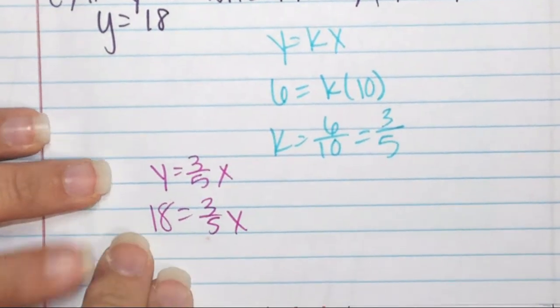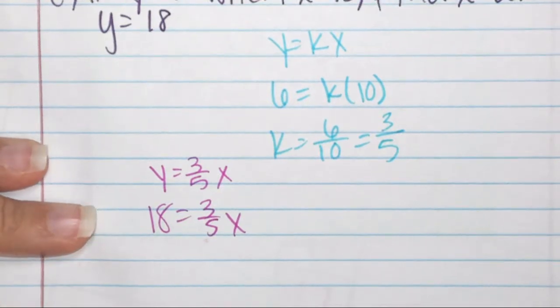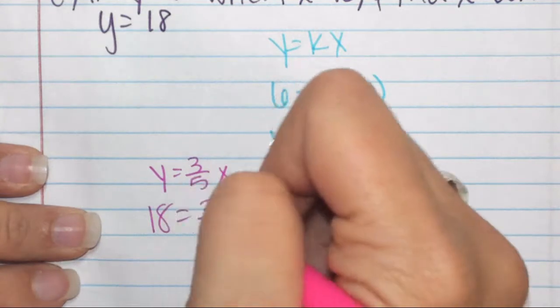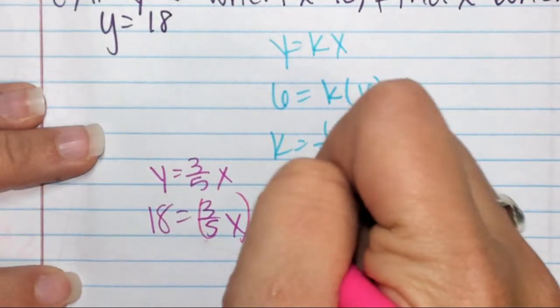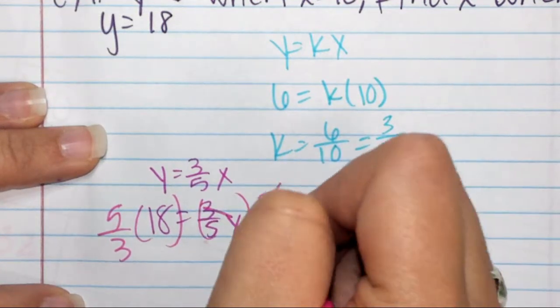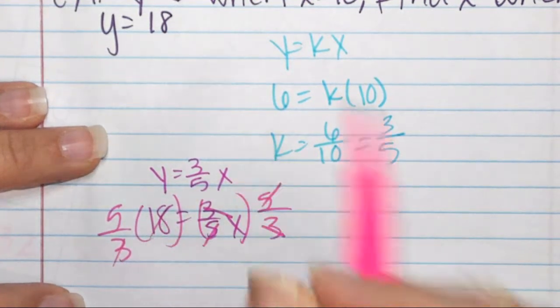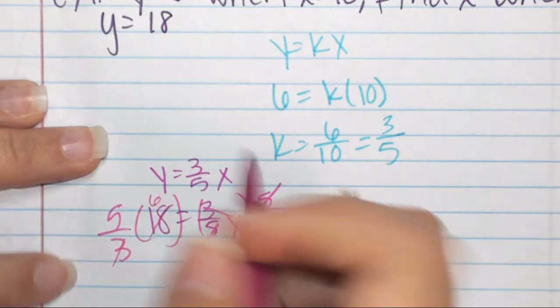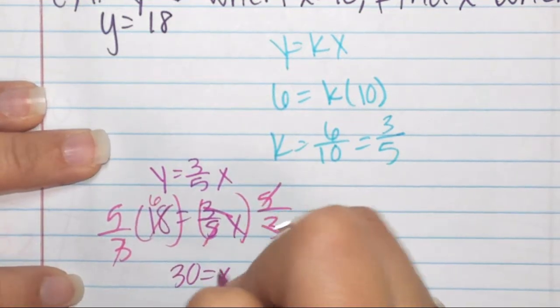How would we get rid of that fraction? Multiply by what? The reciprocal, which is 5/3. Alright, 3 goes into 18 how many times? 6. And 6 times 5 is? 30. So x is 30.